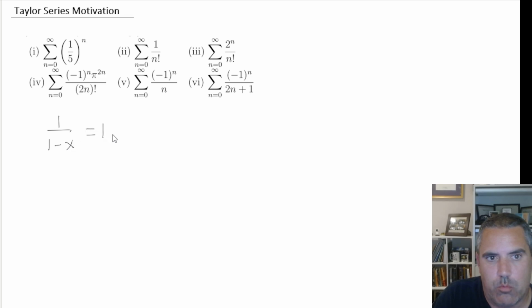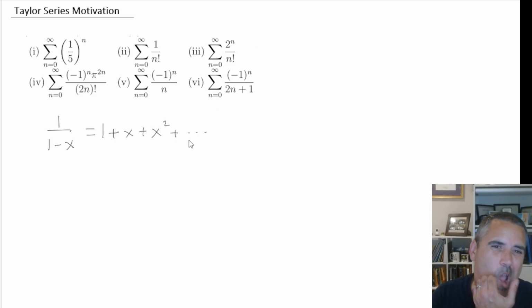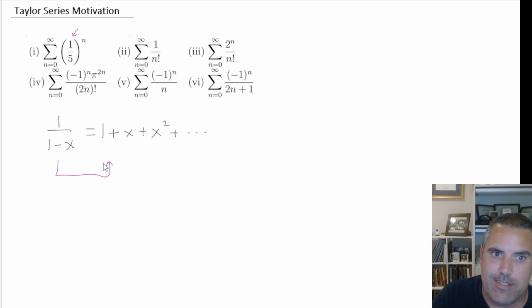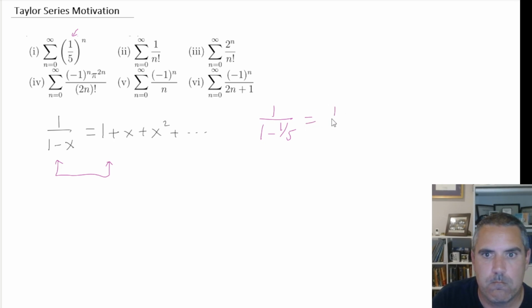That this equals 1 plus x squared. We'll be able to plug numbers into that. In fact, that's what's happening here. A 1/5 is being plugged into this. And so if these two things are indeed the same, then you can say this is the same as 1 over 1 minus 1/5 is 1. And the notation scares people.